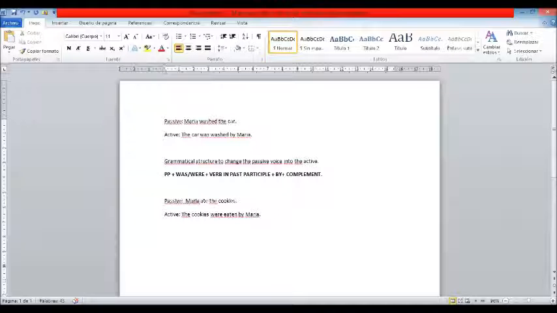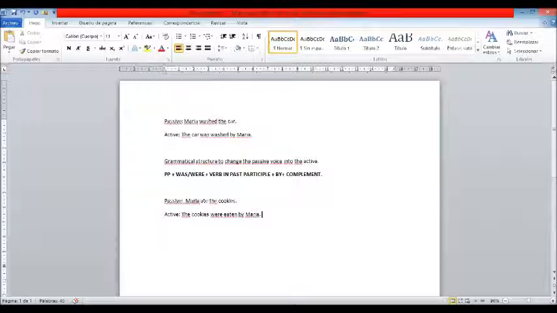Recordemos, voy a explicar en español. Recordemos que para cambiar la voz pasiva a la voz activa, tenemos la estructura gramatical, que es un pronombre personal más was, were. El was es para singular, el were es para plural. Luego tenemos un verbo en pasado participio, luego by, la preposición by, y luego el complemento.